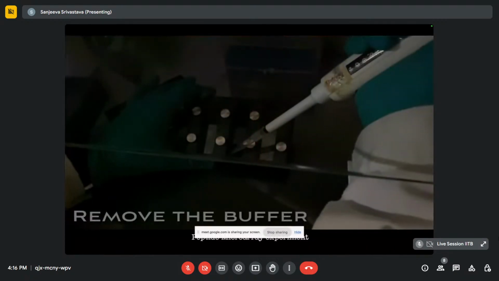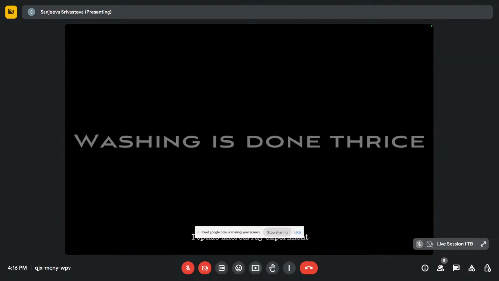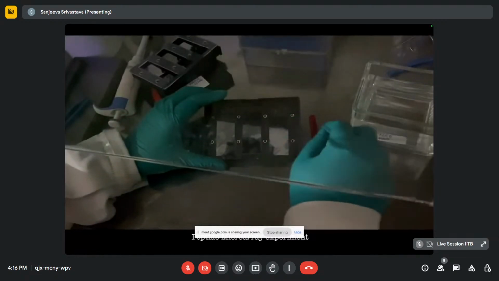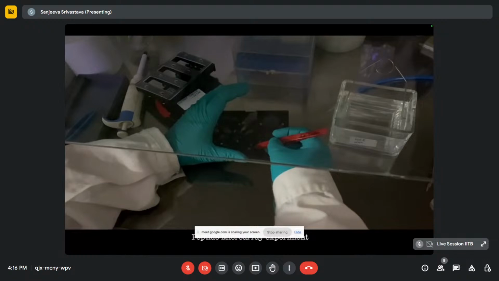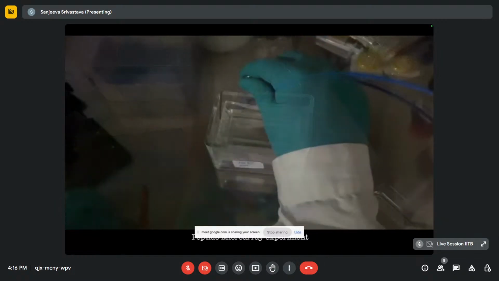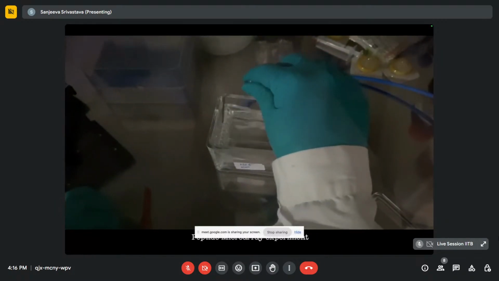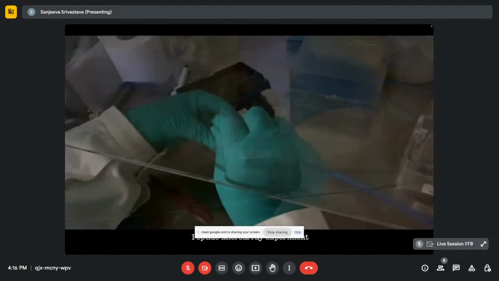Now remove the buffer and wash the slide thrice using washing buffer. Now gently take out the slide and put it in dipping buffer. This is done to wash away all the salts that may be over the peptide chip.